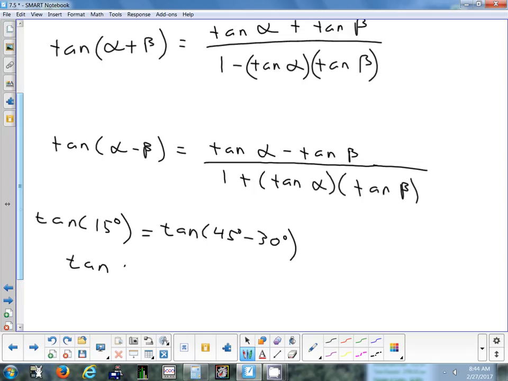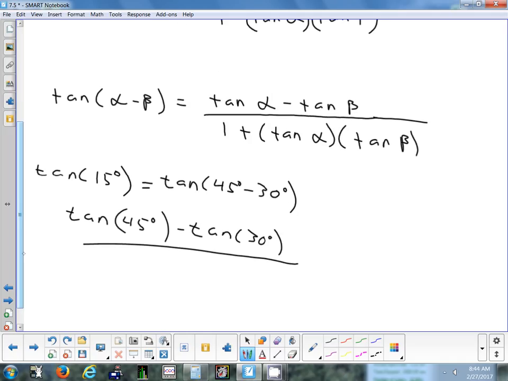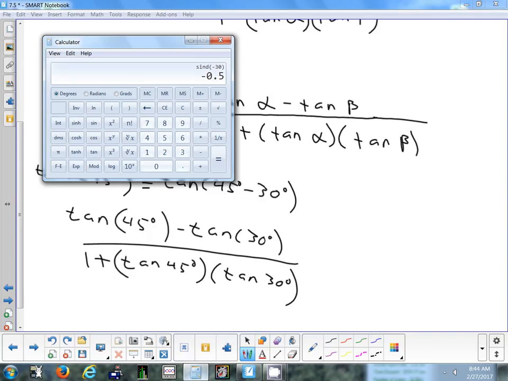So we'd have tangent 45 minus tangent 30 over 1 plus the product of what I just wrote. Tangent 45, tangent 30. Okay, so let's go through and we've got to recognize these as decimals involving square roots, possibly.